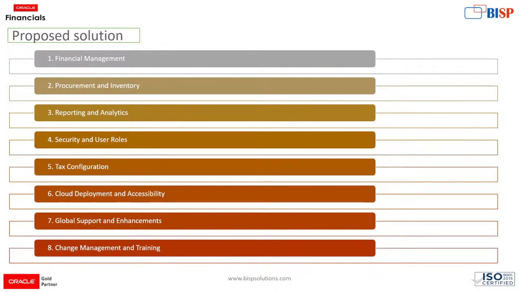So, Oracle global support and enhancement. Oracle Fusion is a powerful software suite that offers global support and continuous improvement. With its robust features and capabilities, it helps the business to stay ahead of the competition. It ensures that the business users always have access to the latest enhancements. Oracle Fusion provides quarterly enhancement patches that are completely free of charge.